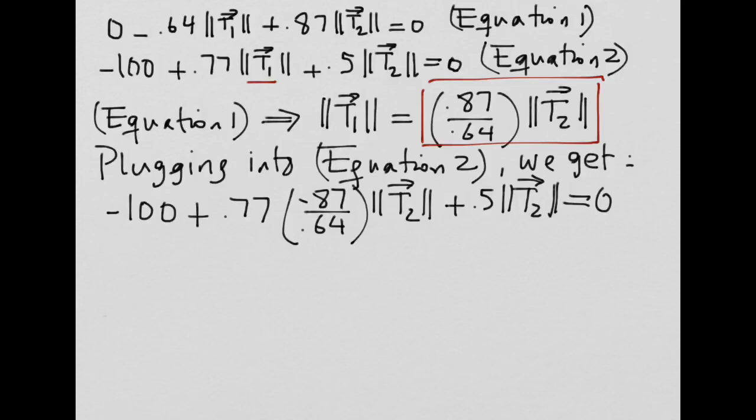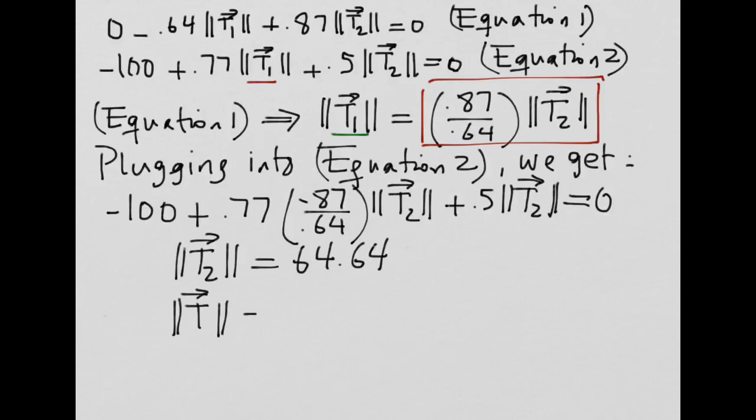We can solve for T2 to get the magnitude of T2 equals 64.64. And we can go back here and solve for the magnitude of T1 to get 87.87.